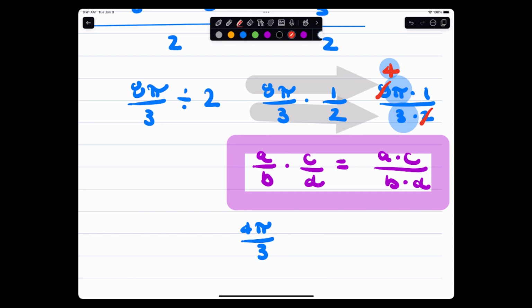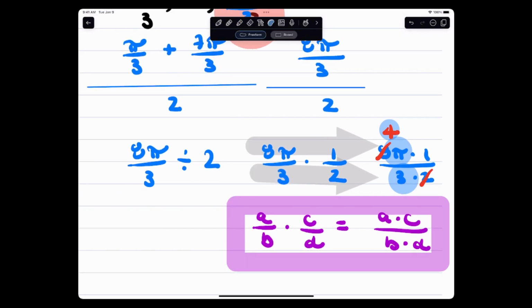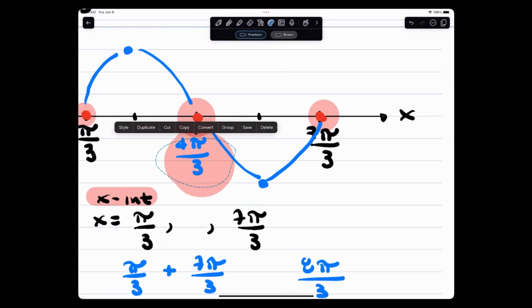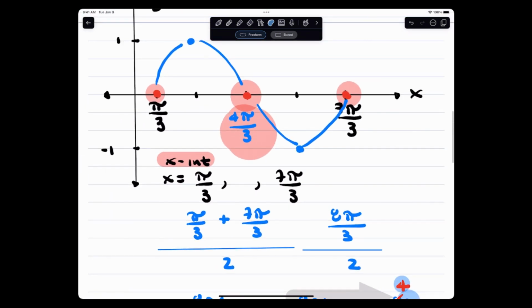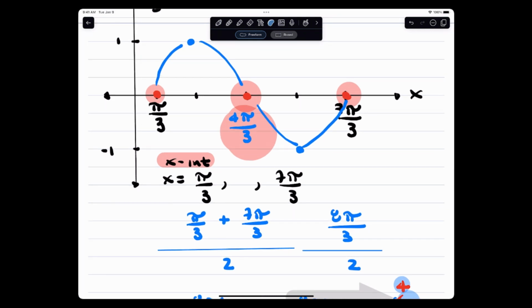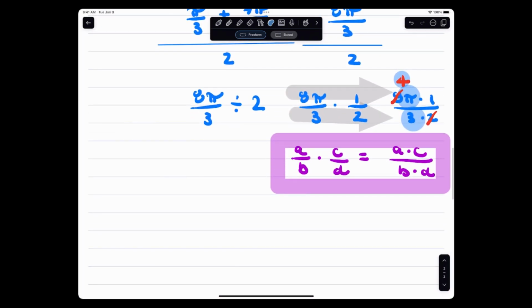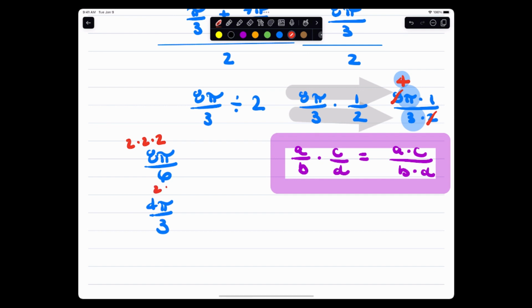That is the intercept. Yep. Yes, and that's what we did. 8 pi over 6, yes. Absolutely. It is 8 pi over 6. And then, yes, you reduce the fraction. It will become 4 pi over 3. Absolutely. Yes. Because remember, what is that 8? If you guys remember back in those days, 8 is 2 times 2 times 2. 6 is 2 times 3.